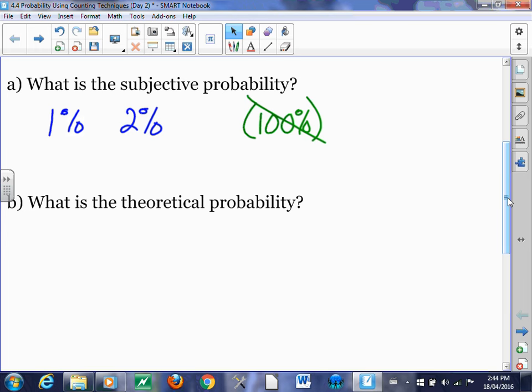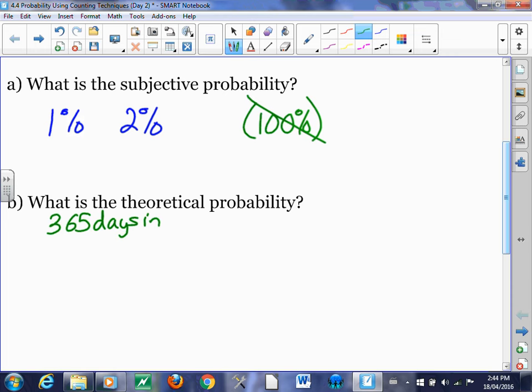Now we're going to take a look at the theoretical probability of this. First of all, we have to remember how many days there are in a year. Each year has 365 days, and it's going to depend on the number of students and teacher in the class.